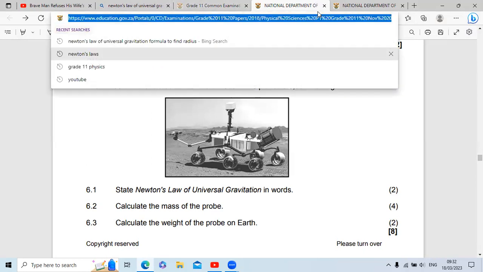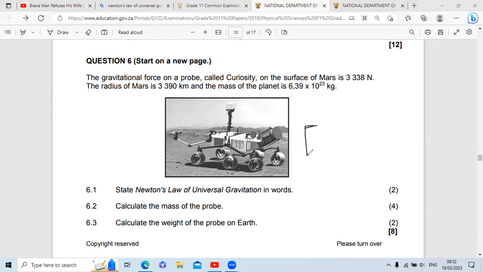So if you remember from our equation, F is equal to G M1 M2 divided by d squared.